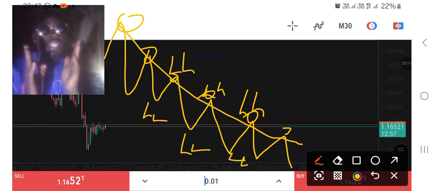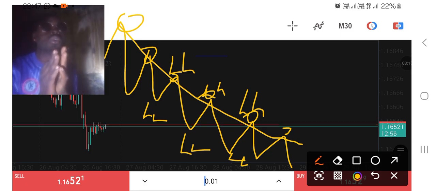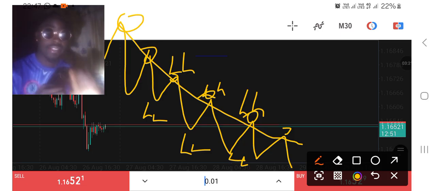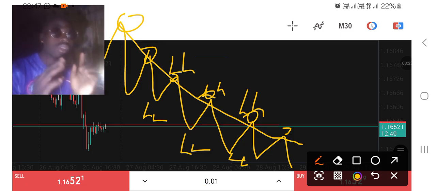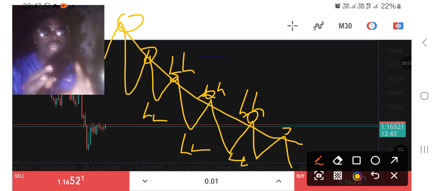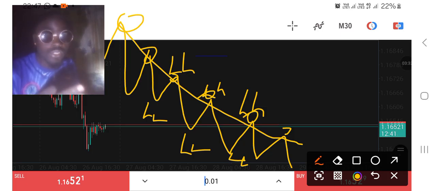So I will look at the chart like that. This is an example of a downtrend. In an uptrend, it is the opposite.